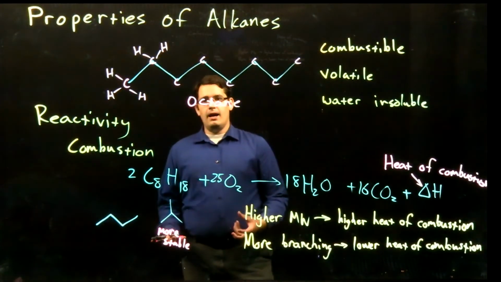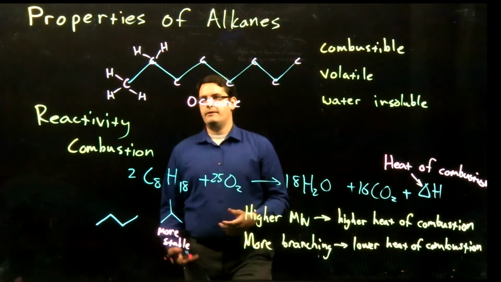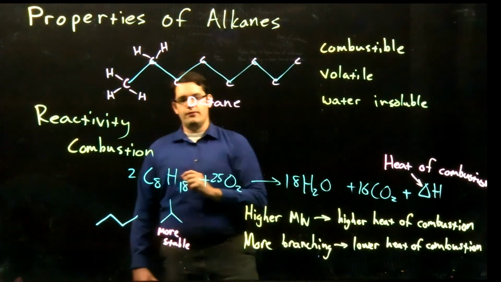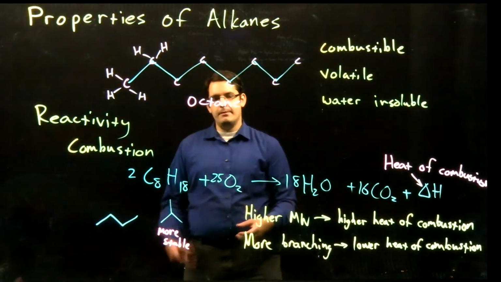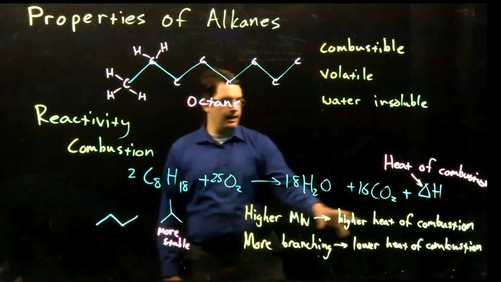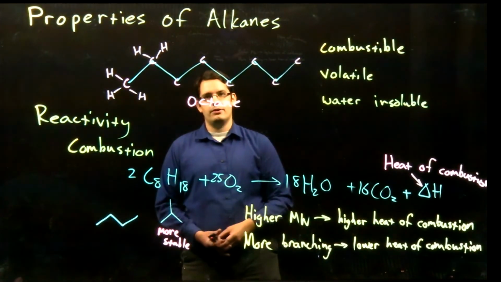So here we've seen how we can determine the key properties of molecules based on their structural features, and then of course we can compare the structures of similar molecules and see how those features might change with small differences in their structure.